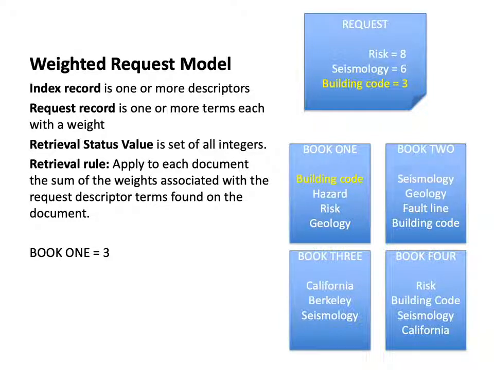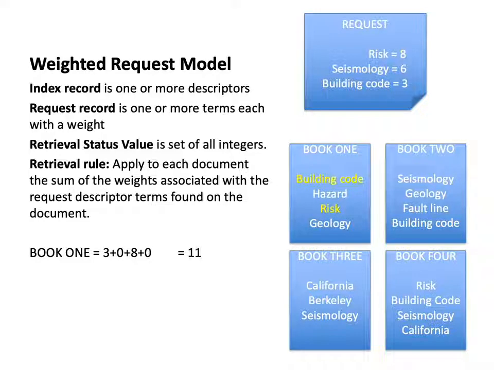So we had 3. It doesn't have seismology, so 0 for seismology on book 1. It does have risk, and risk was rated highly, so we add that. And there's nothing about geology, so we have 3 plus 0 plus 8 plus 0 for a total of 11.